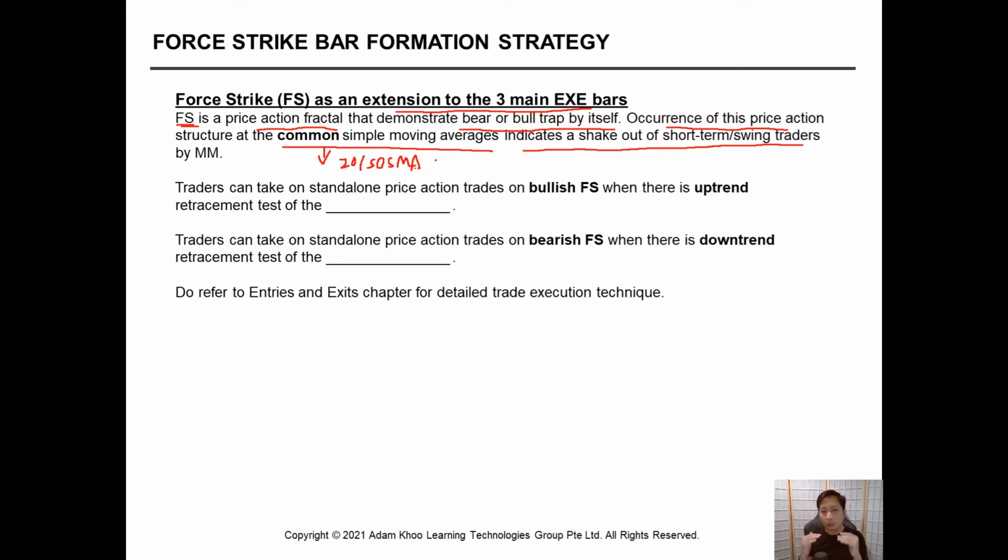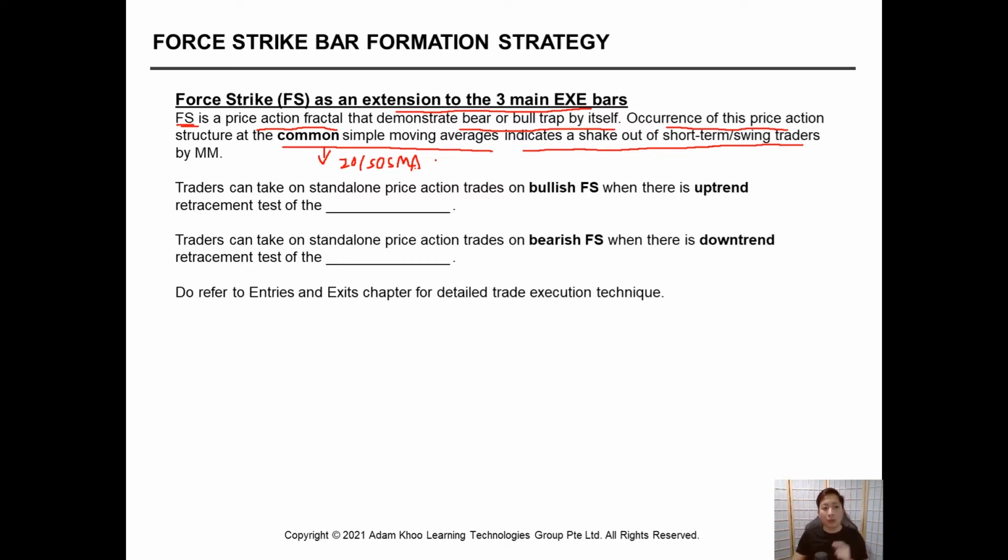Our methodology is very focused on things like bull trap, bear trap, false top, false bottom, and hence we are looking at what happens when the majority of the retailers out there use these 20 and 50 SMA, what happened to them. Because the 20 and 50 are the common moving averages, and we want to know what the rest of the trading community are doing at such moving averages, and we will go in when they get shaken out, unfortunately.